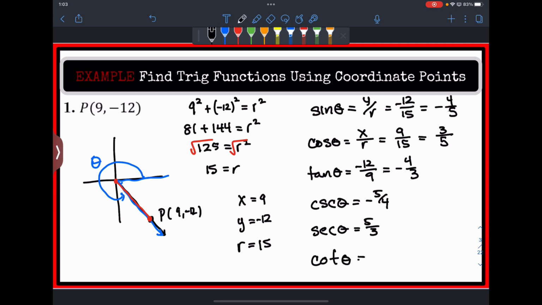So that equals negative 3 over 4, I'm sorry. So there, those are your 6 trig functions and what they equal. Now make sure again that when necessary you reduce your ratio. So divide by the greatest common factor and write it again in simplest form.